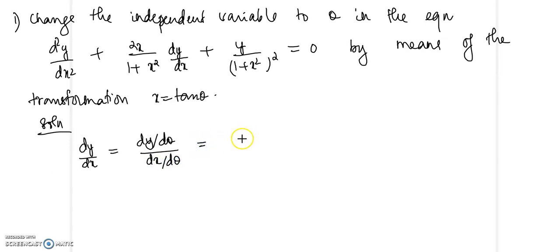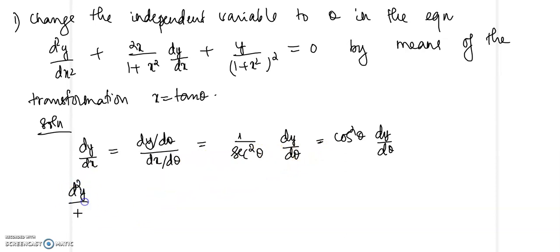So that is 1 by sec square theta into dy by d theta. So that is cos square theta dy by d theta. Now we have got the value of dy by dx in terms of theta.